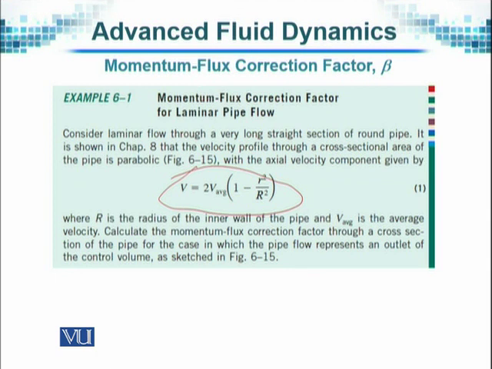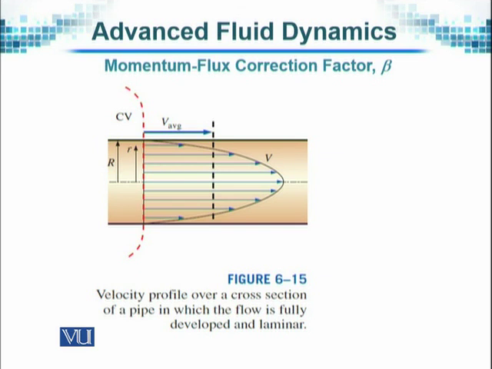Here R is the radius of the inner wall, and V average is the average velocity. They say to calculate the momentum flux factor through this pipe section, and it is sketched like this. In this sketch of the fluid flow, small r is the radius within the flow, whereas capital R is the radius of the pipe in which the flow is taking place.